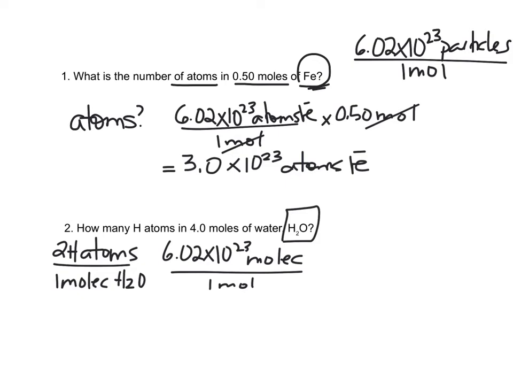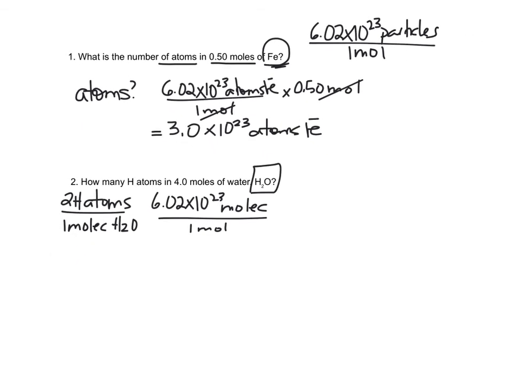So, when we start this question, we're going to start with the ratio, or the value, containing the unit that we want. We want hydrogen atoms, so we're going to start with 2 hydrogen atoms for 1 molecule of water. The next ratio has to have molecules of water in it, and Avogadro's number does.